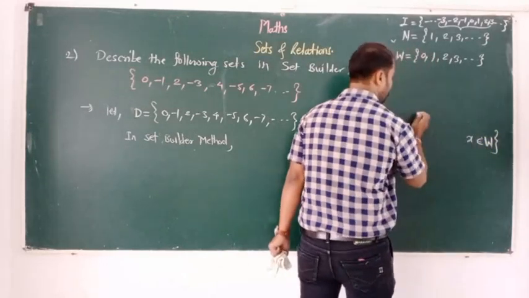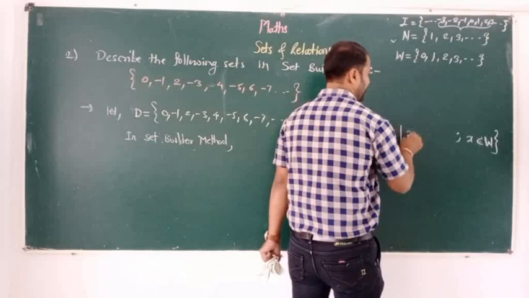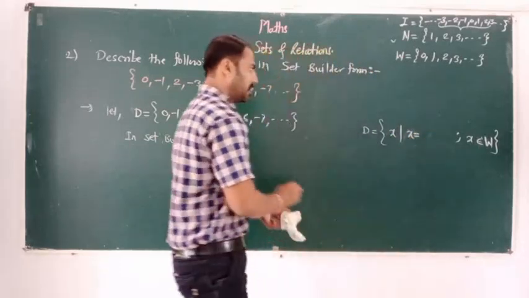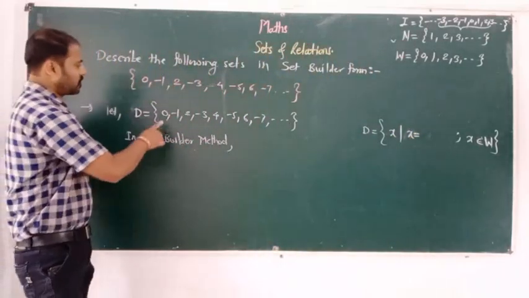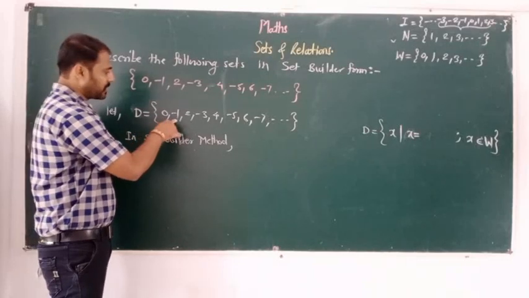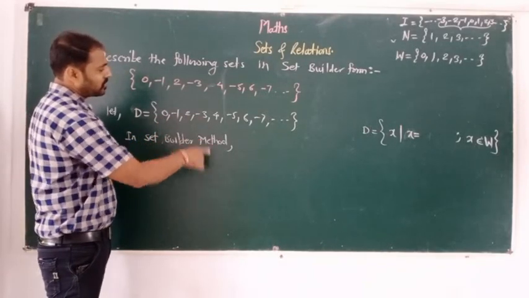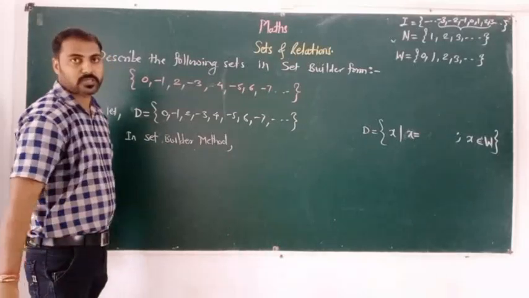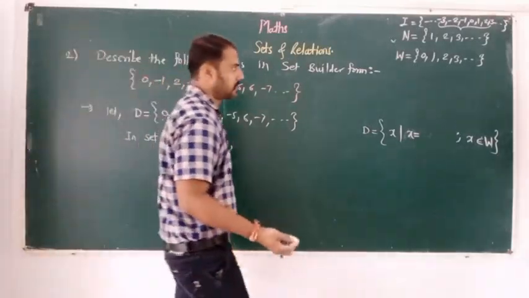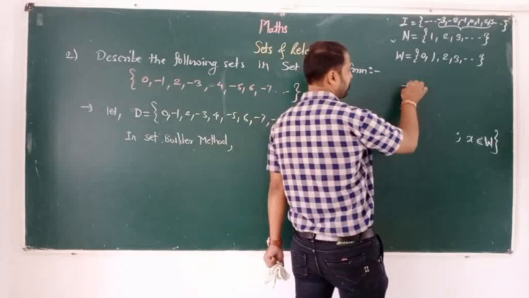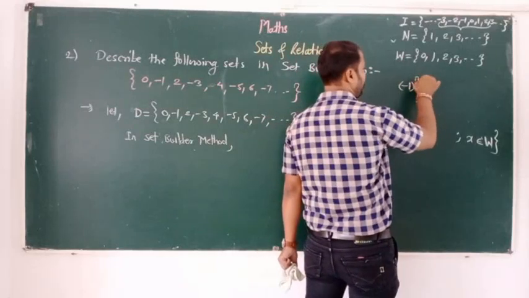And what is the main condition? x is equal to what? The first term is 0, the second term is negative, the third term is positive, the fourth term is negative, the fifth term is positive. For that, look here: minus 1 raised to n.